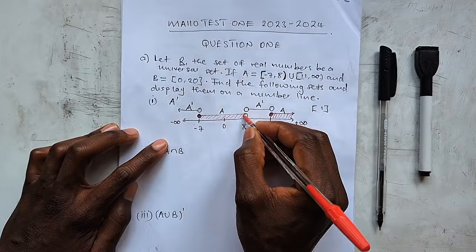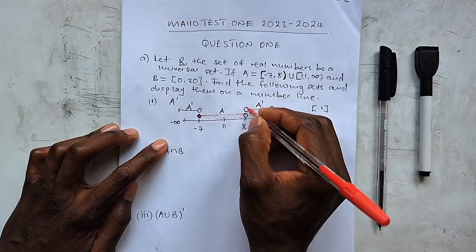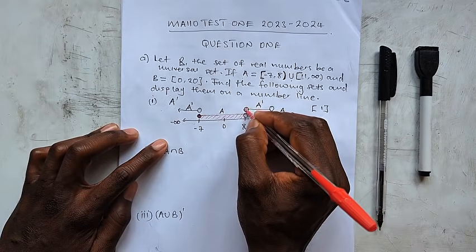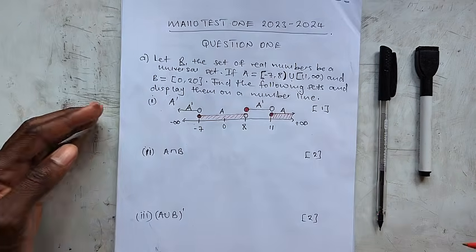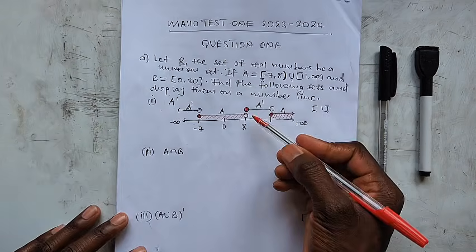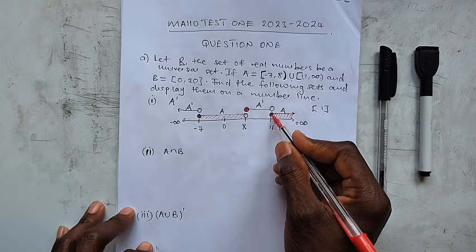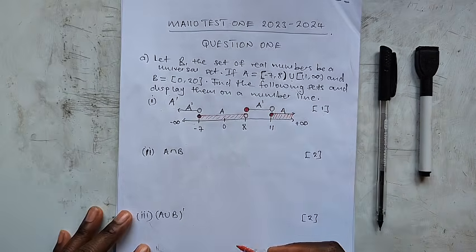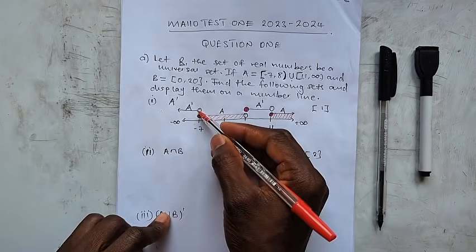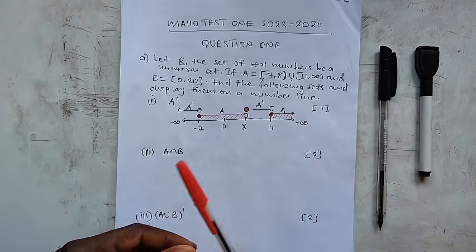Same applies if initially that number wasn't shaded. On the part of the complement, that circle needs to be shaded. When you shade a circle, the type of bracket you are going to use has to be a closed interval. If this initial was shaded, we expect that one not to be shaded. So this won't be shaded, and also that one won't be shaded.